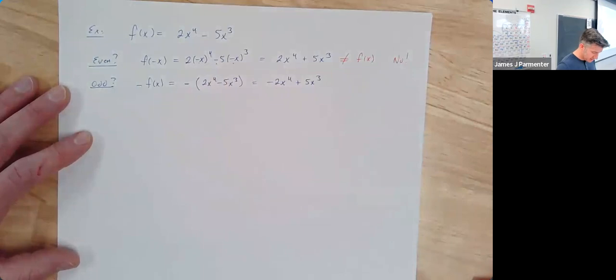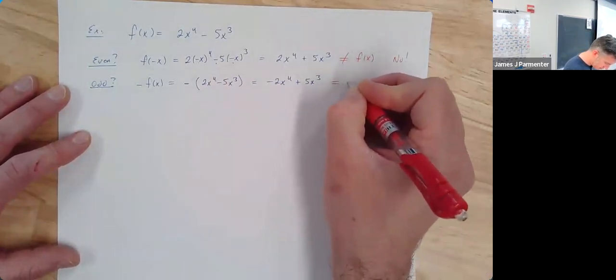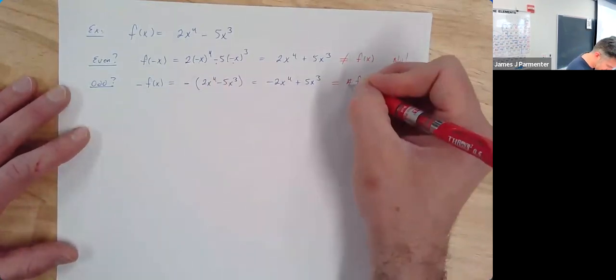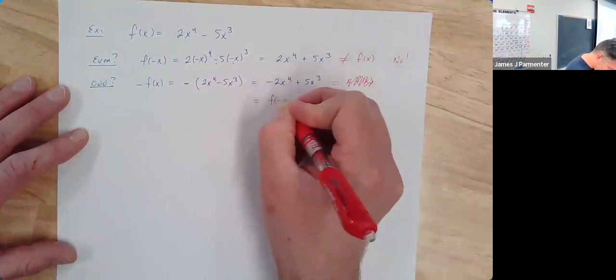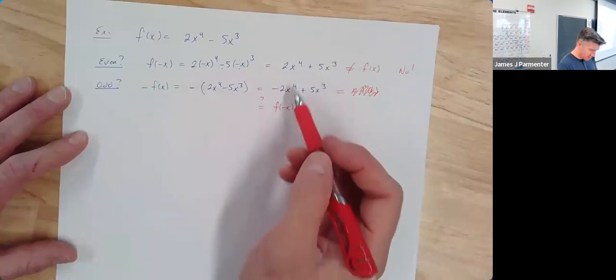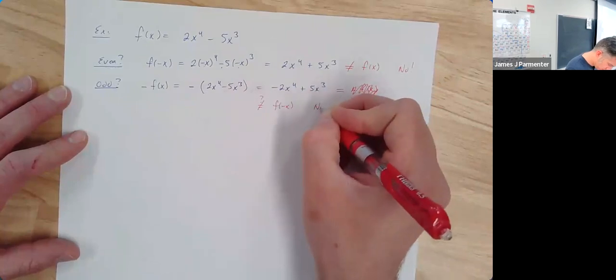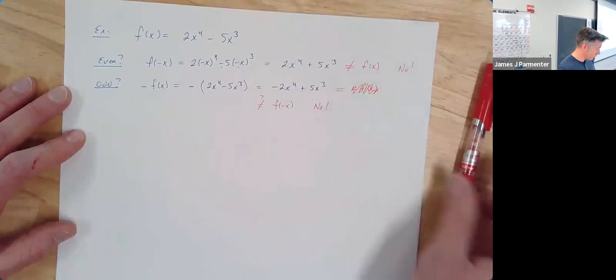And then I'm curious, does this equal f of negative x? Sorry, that's not what I meant to say at first. The answer is no. f of negative x is right there, and those are definitely not the same. So it's not even, not odd, so it's neither.